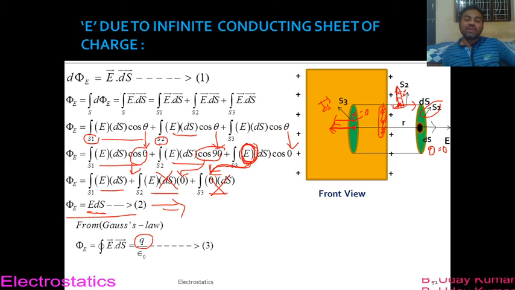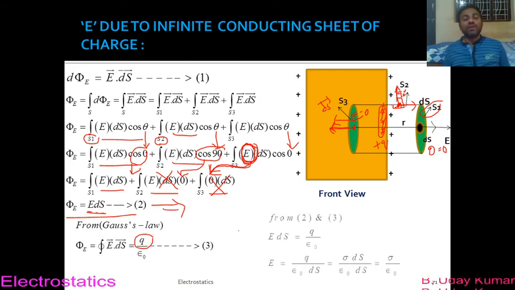If you assume that the charge present inside this closed cylinder is plus Q, I can write the Gauss theorem as integral E dot ds is equal to Q by epsilon 0.